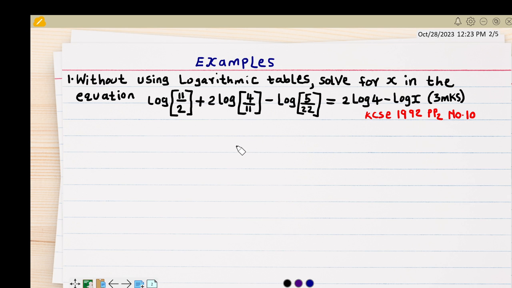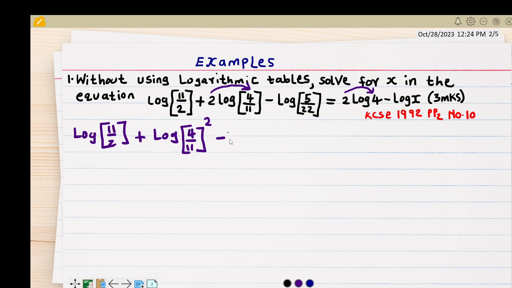So we are simply going to apply the laws of logarithm, and the third law stated that we can always take this one to the power of that. Similarly, using the third law, this power can move to be to the power of 4. So this will be the logarithm of (11 over 2), then we are adding the logarithm of (4 over 11), the whole thing to the power of 2, so this will be squared.